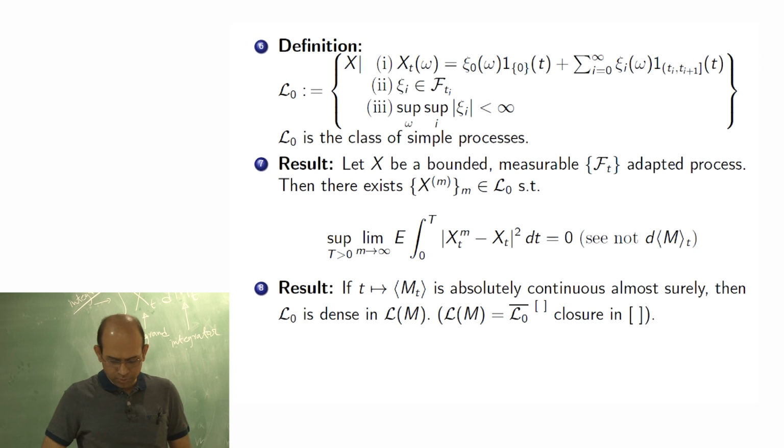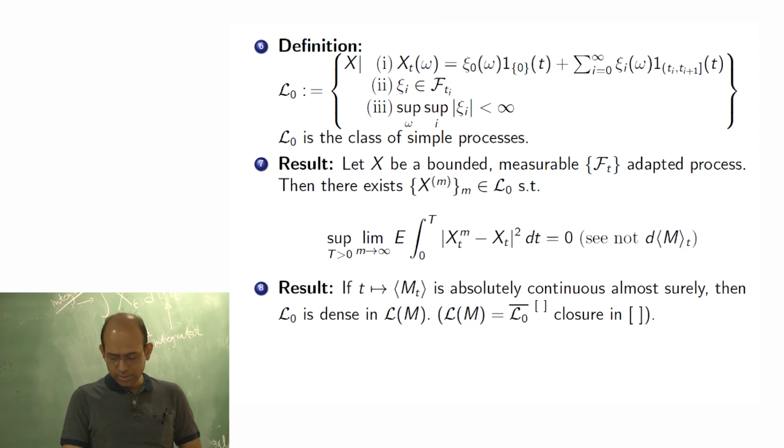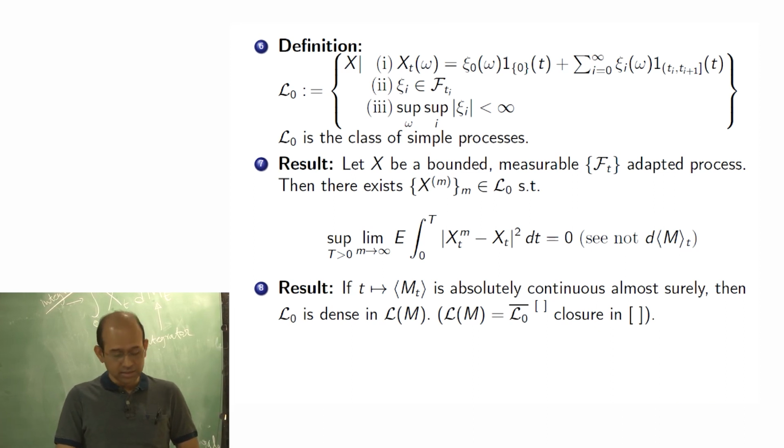Now, we proceed further. Suppose we have a square integrable martingale m such that it has a nice property. There is a typo here, this t should be outside. If the map t to m_t is absolutely continuous, almost surely, why almost surely?